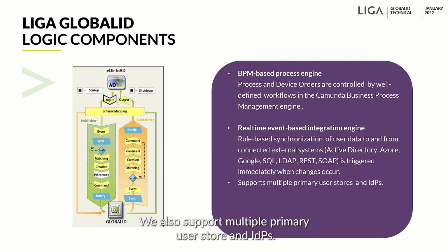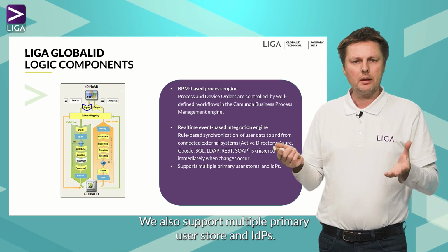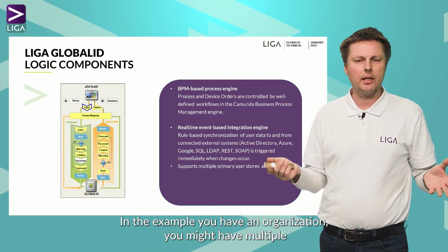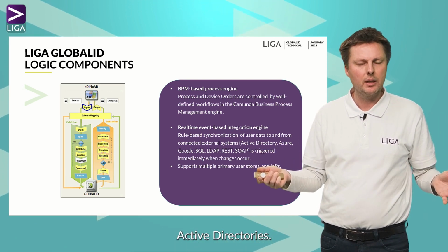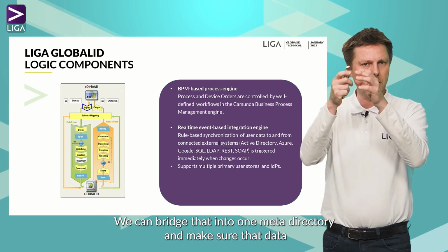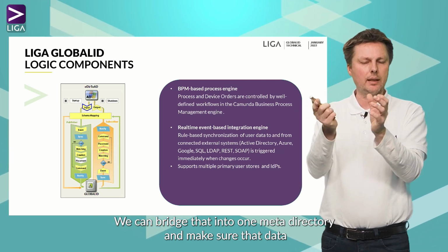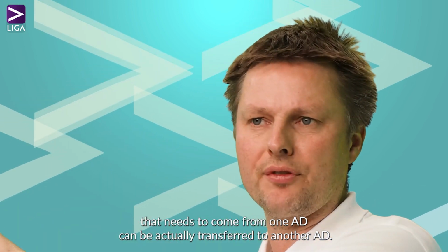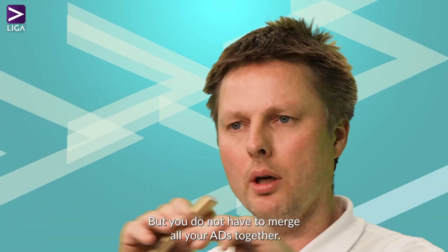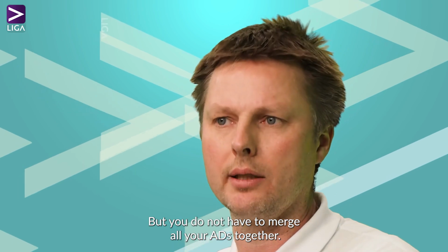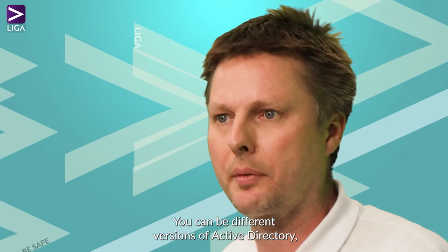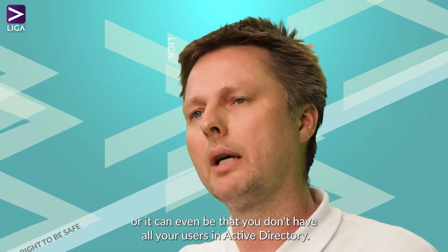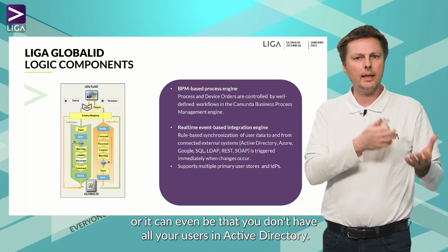We also support multiple primary user stores and IDPs. For example, you might have an organization with multiple Active Directories. We can bridge that into one meta directory and make sure that the data that needs to come from one AD can be transferred to another AD, but you do not have to merge all your ADs together. It can be different versions of Active Directory, or you might not have all your users in Active Directory.